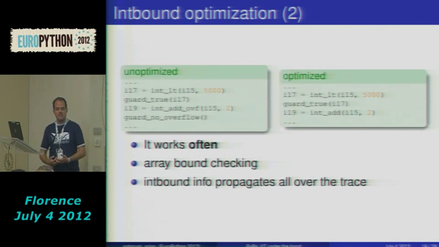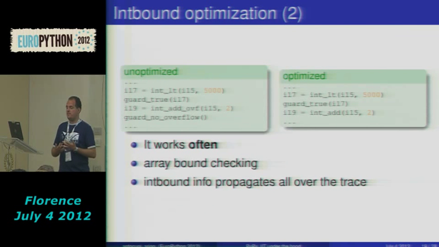And this particular optimization works more often than you might think, because this is a very simple example. But for example, in the trace you can have somewhere the information that the variable I is less than 100, and this particular array is at most of 50 elements.